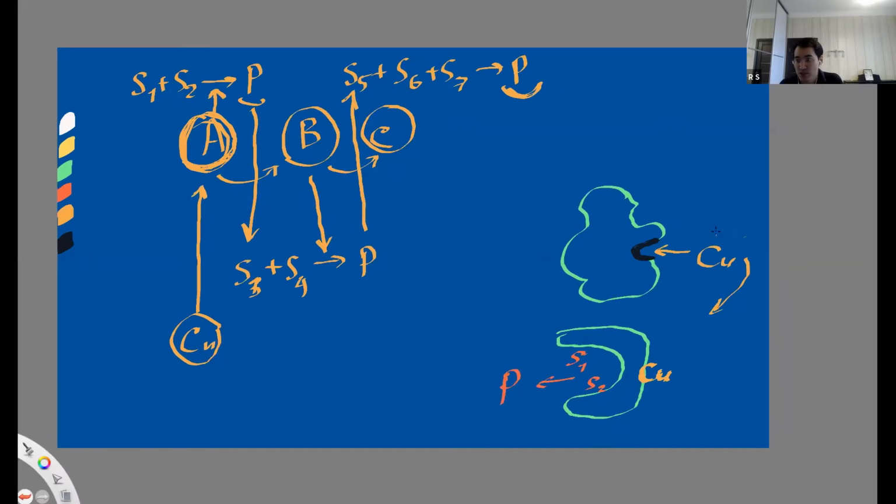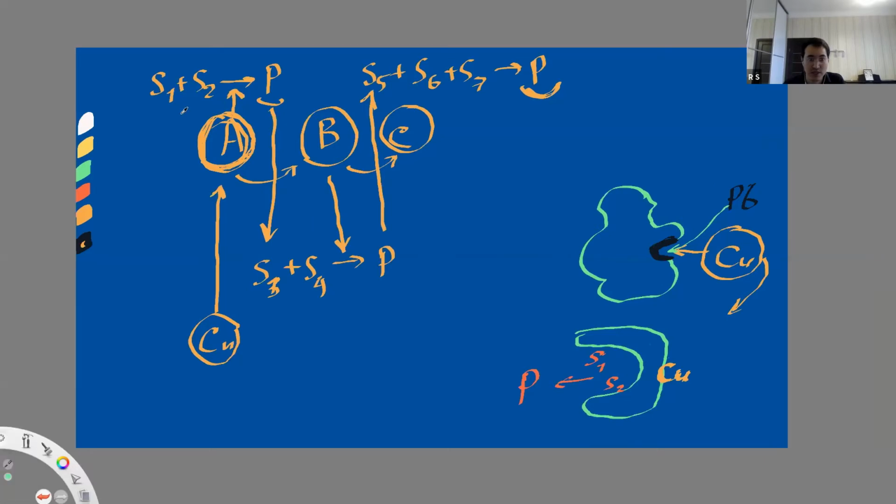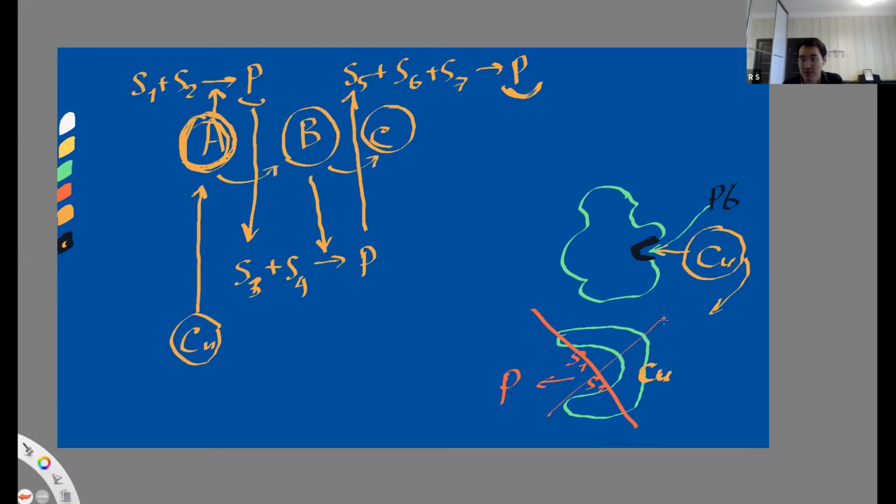So this copper works as an activator, but the problem is this activation center can also take, let's say, plumbum, the lead. If this lead comes first, then the conformation doesn't change, and this reaction actually doesn't happen.